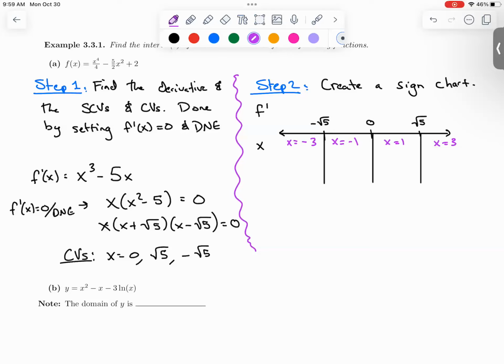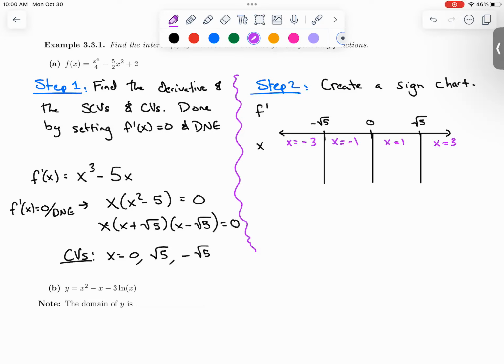How did I know that -3 was in that first piece? Did you plug it in? Yes, exactly right. Now, granted, I've done this long enough that I know square root 5 is a little bit more than square root 4. Square root 4 is 2, but it's a little less than square root 9, and square root of 9 is 3. So it's going to be some value between 2 and 3, closer to 2.